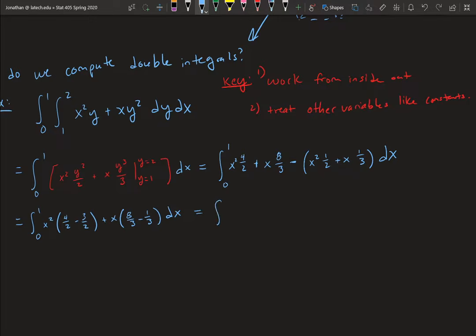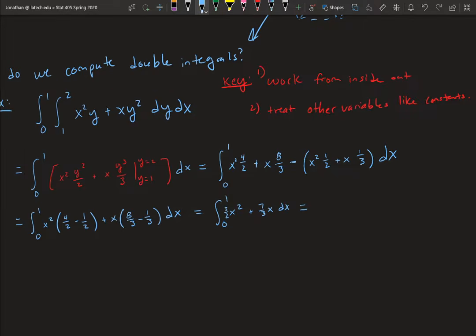So that's 3/2 x squared plus 8/3 minus 1/3, which is 7/3, times x, dx.